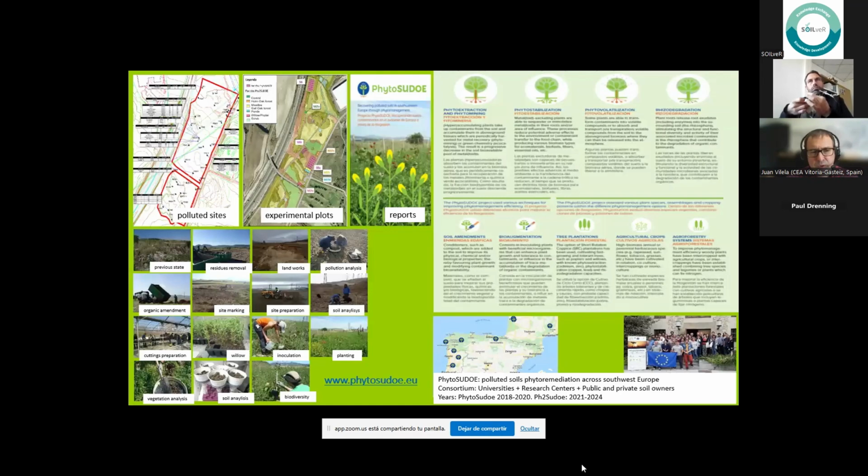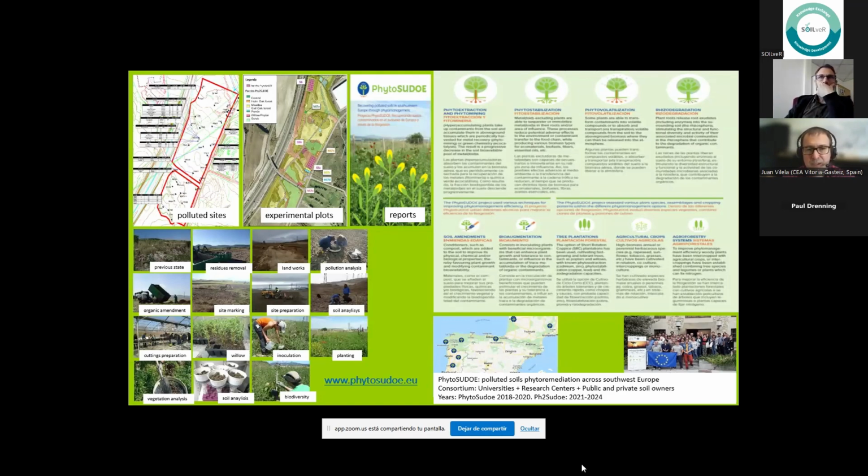In phase 3, this is where we started working with polluted sites, and we were awarded a grant to develop the Phyto-SUDOE project, which was about phytoremediation. We had the survey of the place, we knew the limits that we had to reach, and since we were going to create a green infrastructure, we thought that phytoremediation was the solution.